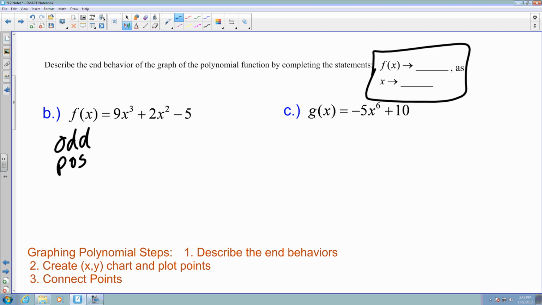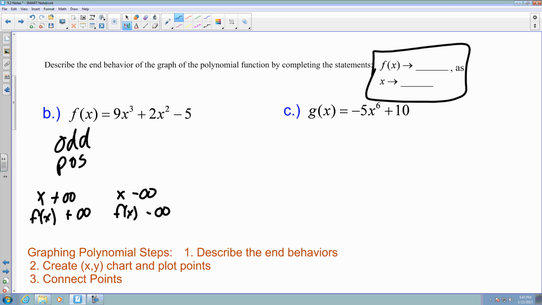So as x is approaching positive infinity, my f of x is also approaching positive infinity. If my x is approaching negative infinity, my f of x is approaching negative infinity. So that's what I mean by completing the statement.